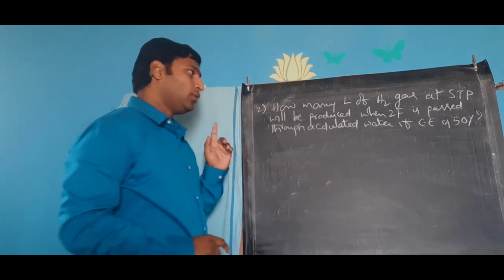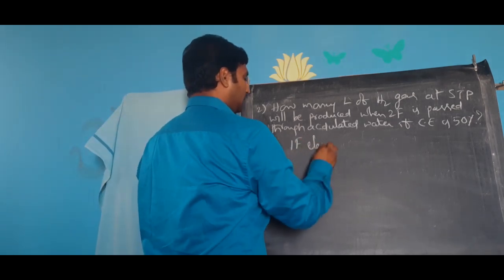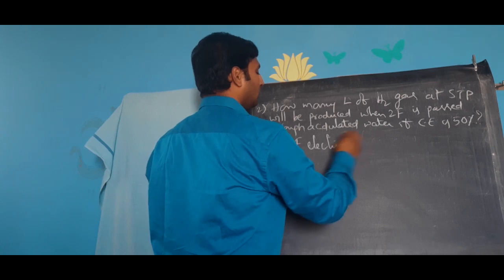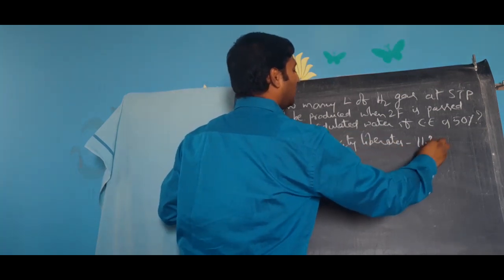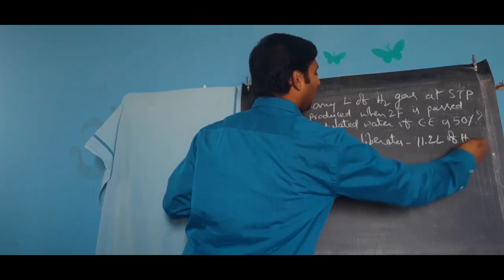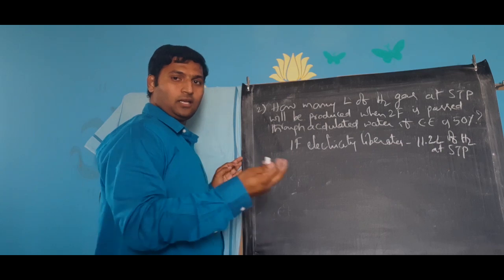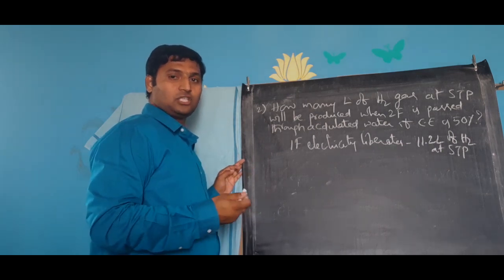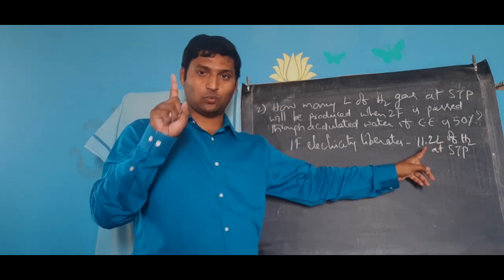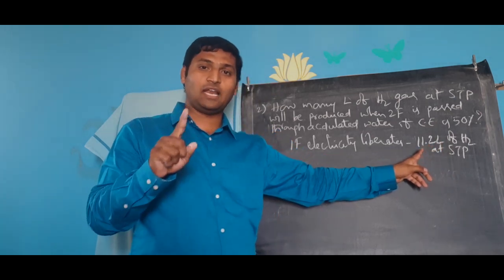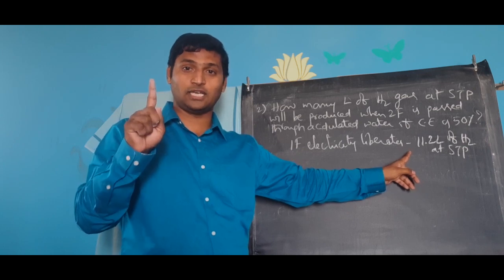Now you know very well 1 Faraday of electricity liberates 11.2 liters of H2 at STP. If you don't remember, you can go through the previous session, because the equivalent mass of hydrogen is 1. Now you know very well at STP 2 grams of hydrogen occupies 22.4 liters.